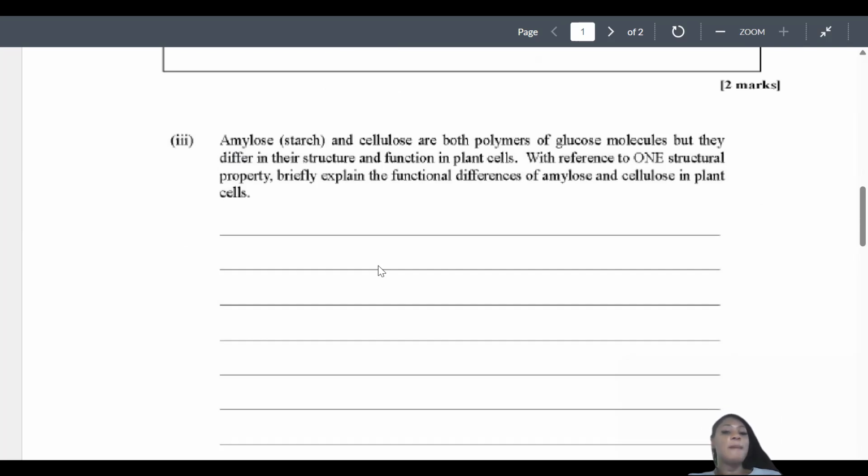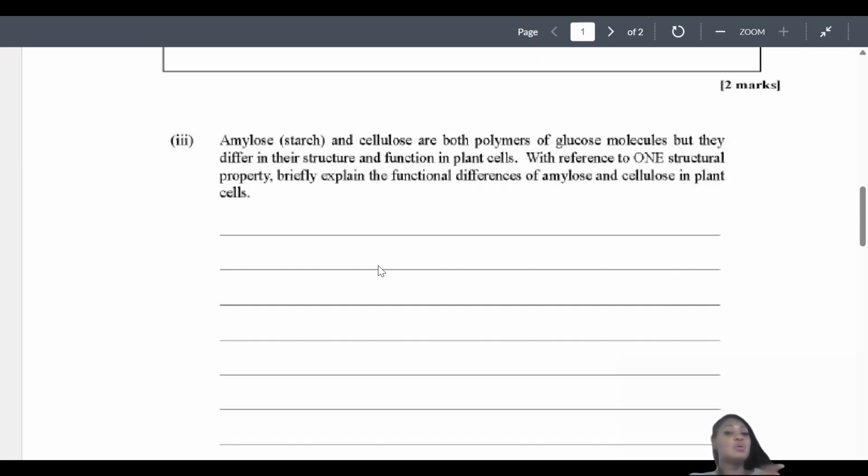I would say that amylose is helical, right? So it is able to coil up and can be packed compactly. So it basically allows the plant to store large concentrations of glucose without affecting the osmotic balance.